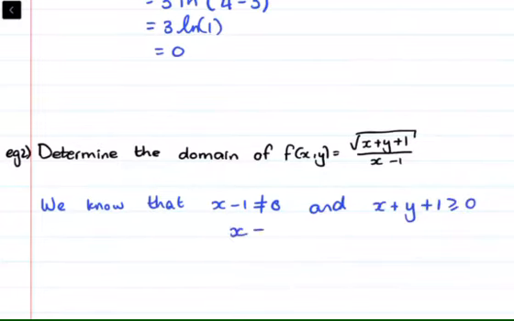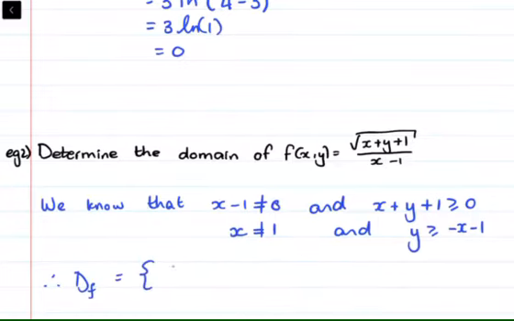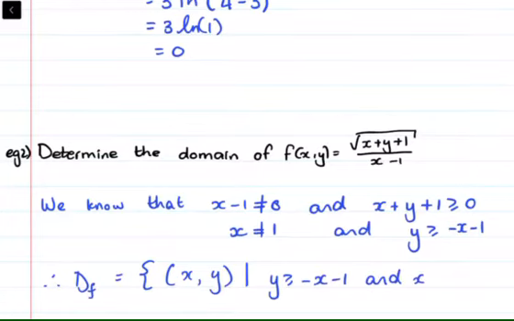This means that x should not be equal to 1, and y should be greater than or equal to minus x minus 1. So therefore, the domain of f is the set of the values x, y, such that y is greater than or equal to minus x minus 1 and x is not equal to 1. Okay, so that is how you determine the domain.